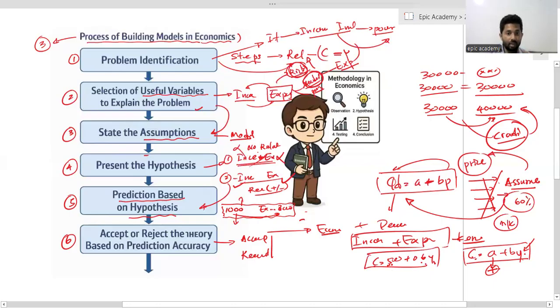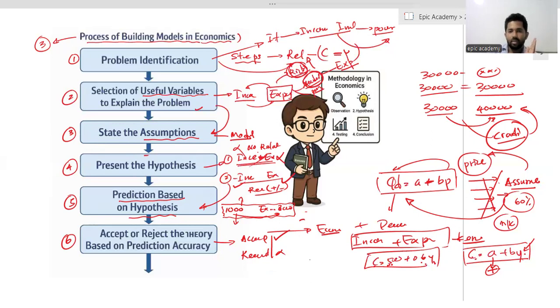After considering variables, assumptions, hypothesis, you can accept that Keynesian theory or you can reject it because of your evidence. Okay, that's a methodology, how you can understand any kind of theoretical framework related to economics.